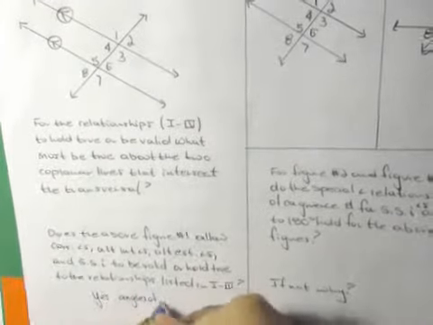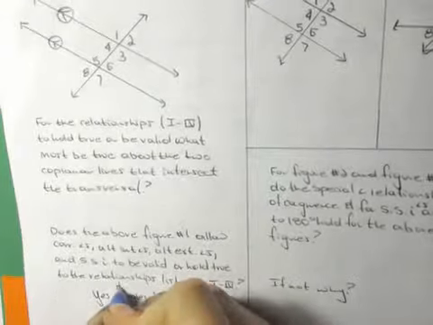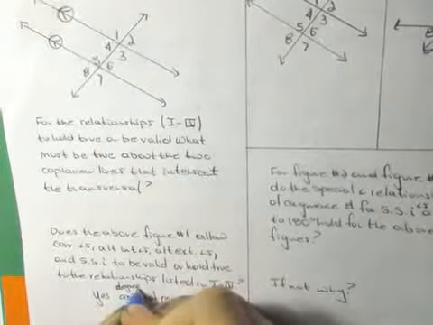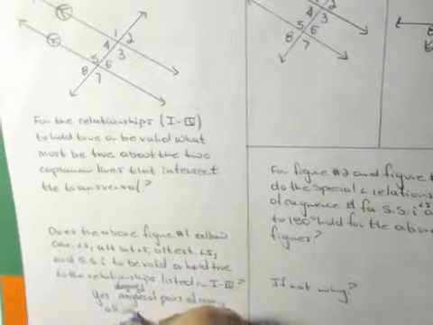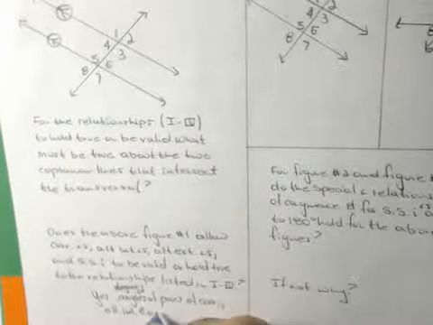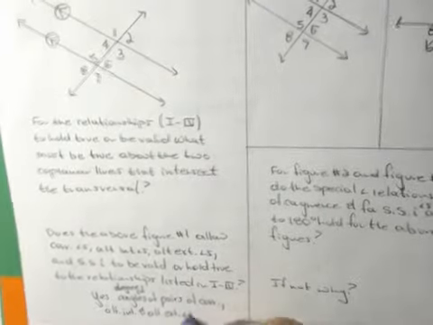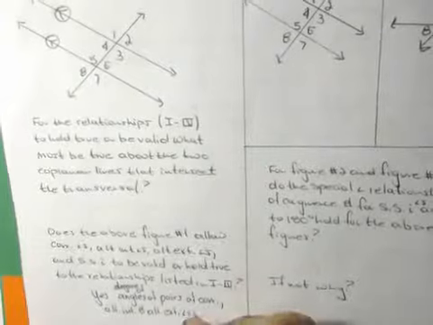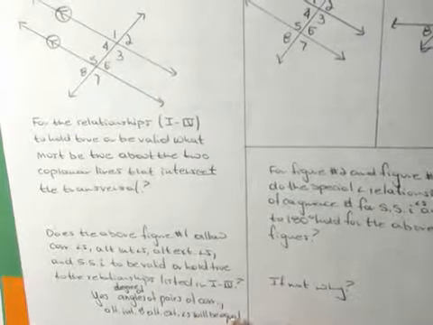Angle pairs, degree measures of angle pairs, corresponding, alternate interior and alternate exterior angles will be equal, or otherwise known as congruent.